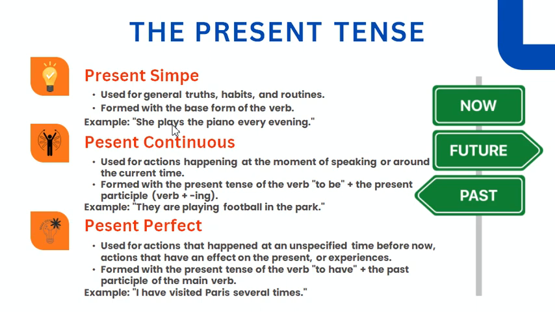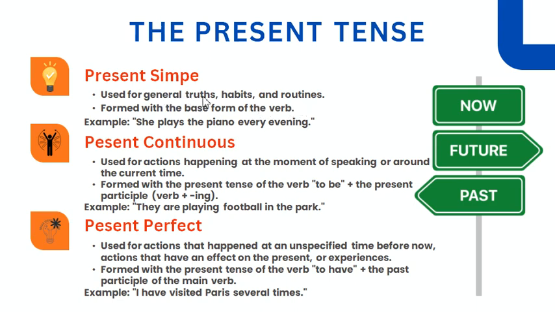The word plays is a verb in the present simple. We use plays because we want to express the habits or routines of the woman. If she keeps doing the same thing every day, you must use the simple present, because the simple present is used for general truths, habits, or routines.